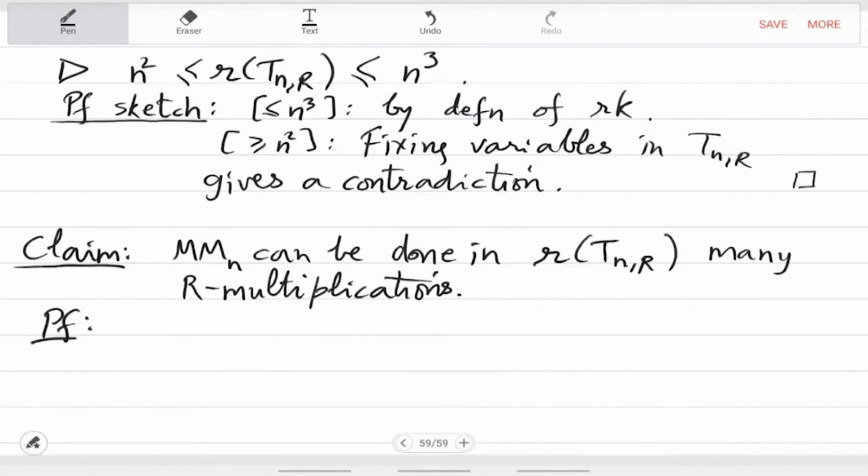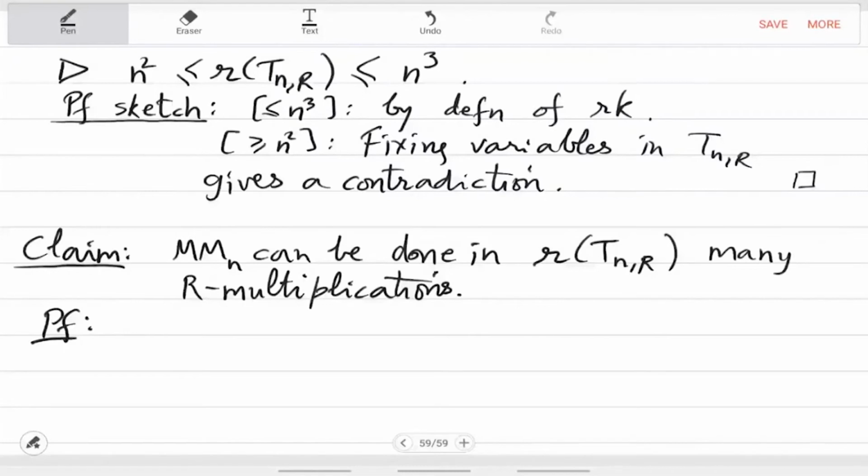And that is a very useful thing to know, because if you decompose your tensor into few products, simple tensors, then you also get an algorithm for matrix multiplication. Specifically for n cross n matrix multiplication, you get a faster algorithm, and then using the block structure, you can generalize it. In fact, that is what you did for n equal to 2.